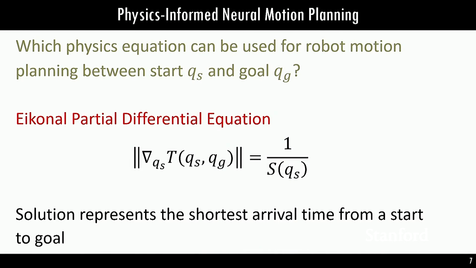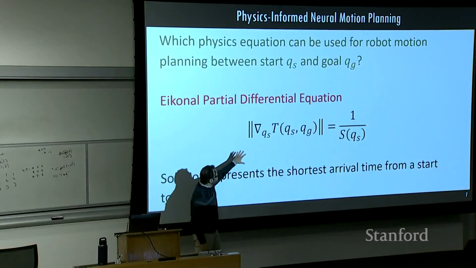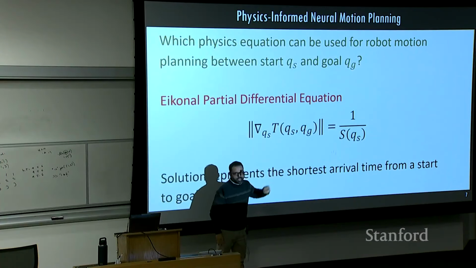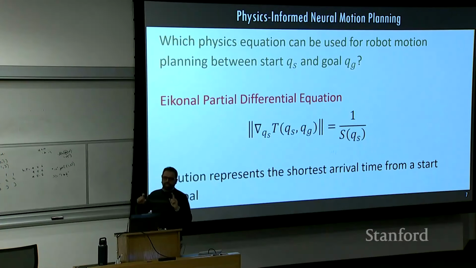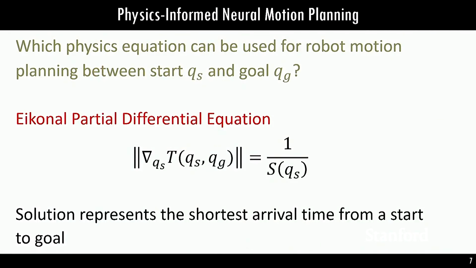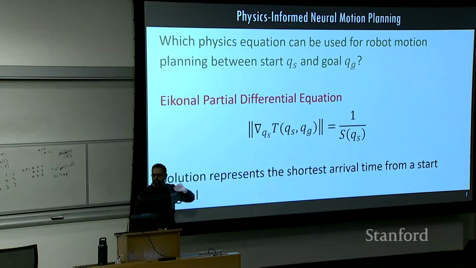Then we analyzed that equation and found that if you assume trivial dynamics, that equation boils down to this eikonal PDE. This eikonal PDE has two functions. One is T, and the other is S. T is an unknown function, and it is a value function. We want to solve this PDE to find this unknown function T.